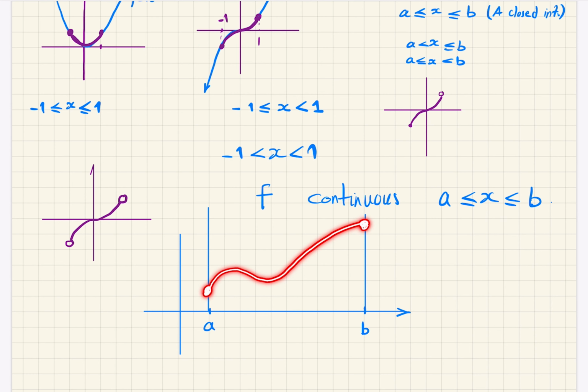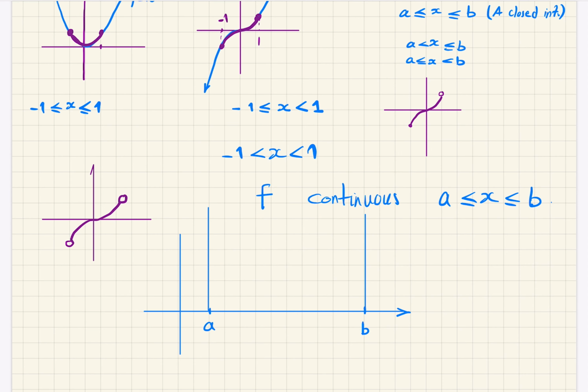I want you to convince yourself that if I respect the rules of the game, meaning that I have a continuous function and a closed interval, then it doesn't matter how I draw the graph of the function. Every time I draw a continuous function on a closed interval, there will be one point which is higher than everyone else. Of course, there might be several such points.